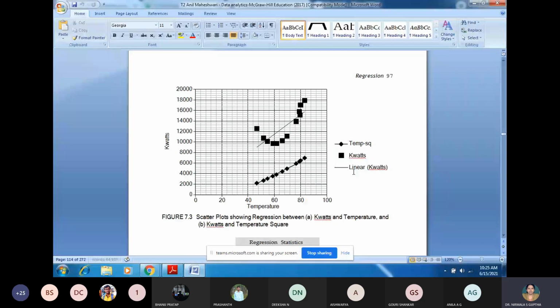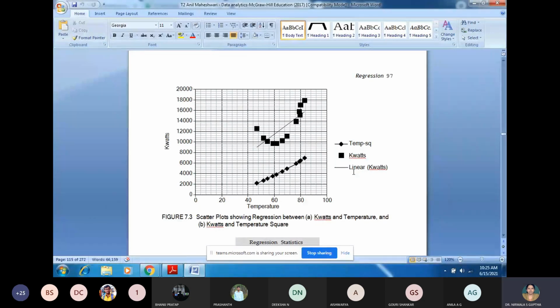Visually, there are two lines. The first line of dots is not fitting the data very well. You can observe that the data is scattered here and there. So the relationship between the temperature and the electricity consumption in terms of kilowatts is curvilinear.